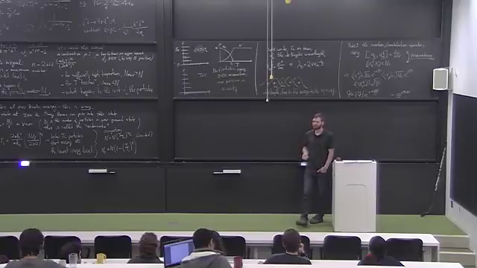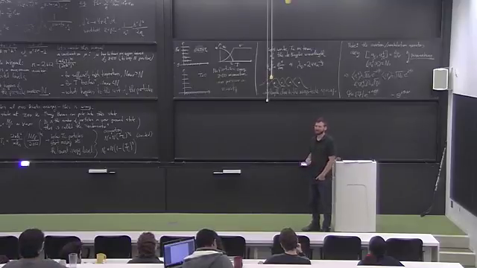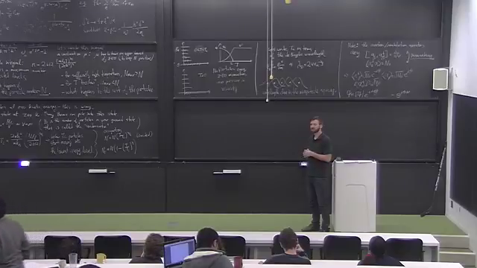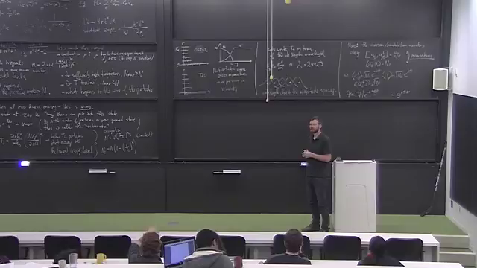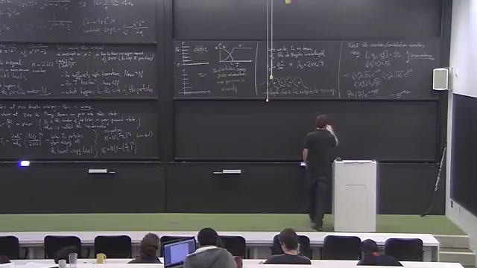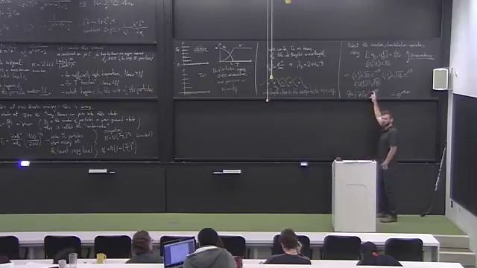But why, if you have a broken gauge invariance in this case, why say the condensation of particles in the ground state is a signal of broken gauge invariance? Well, are you asking why this expectation value is a signal of broken gauge invariance? No, I understand that.